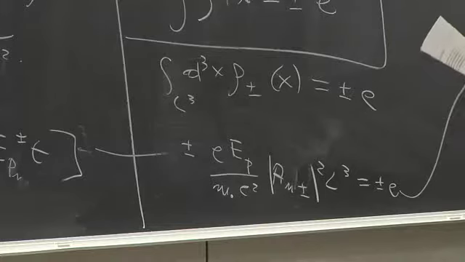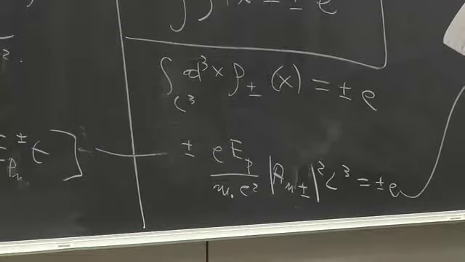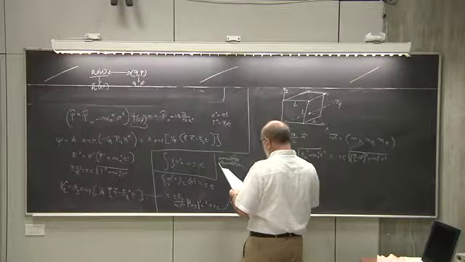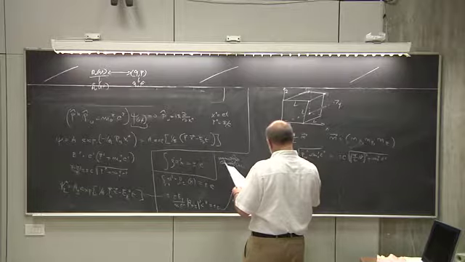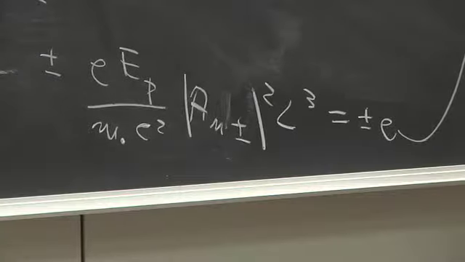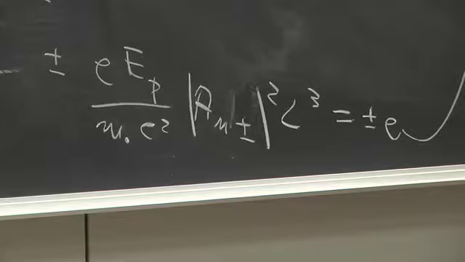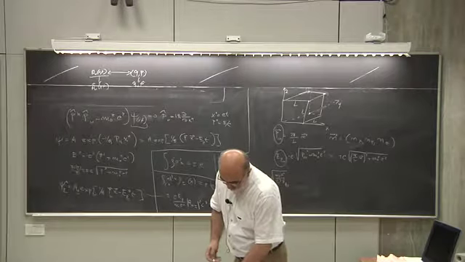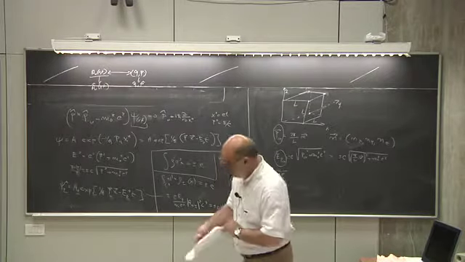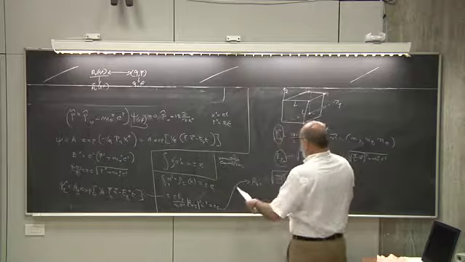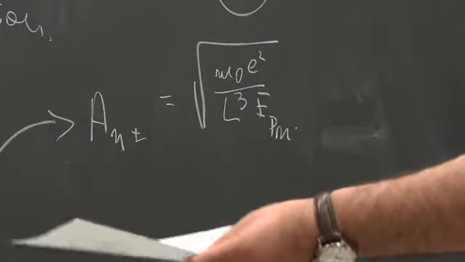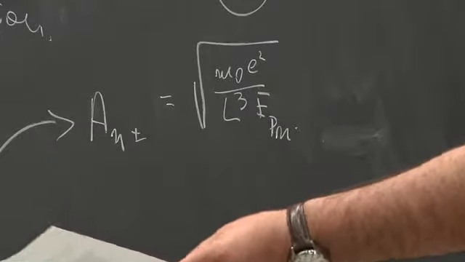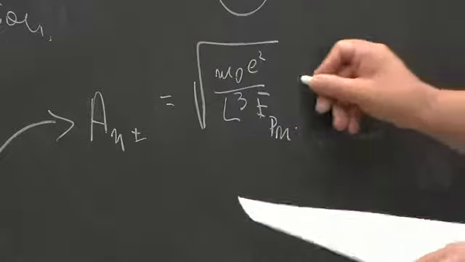You get the normalizing factors A_n plus minus equal to M0 square C square over L cube E_Pn. So they are the same for plus and minus. Okay, so you understood how we obtained the normalizing factor. I did not do all the calculation, otherwise I would have.